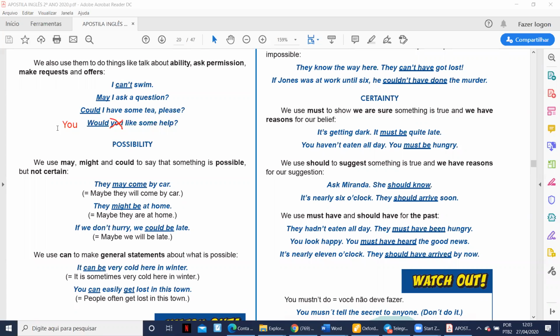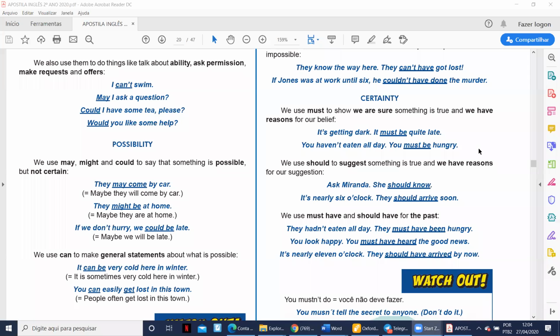I would say, you would like some help. Then this wouldn't be a question, right? An affirmative sentence. When I ask a question, I have to invert. This is another feature, another characteristic of modal verbs.